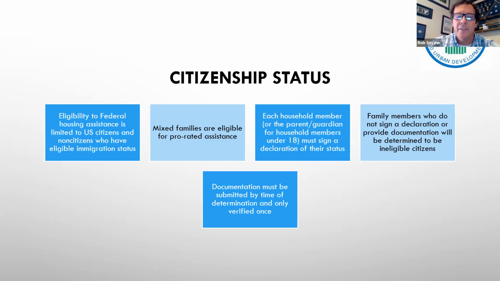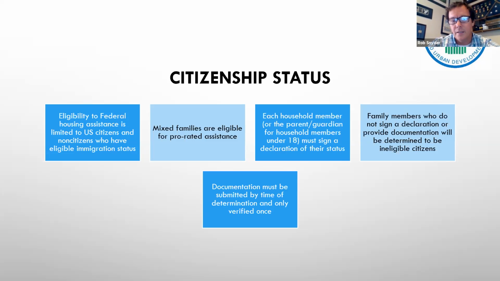They worry about having to provide that information to receive assistance, and mixed families are eligible for prorated assistance. HUD doesn't give that information out to ICE or anybody like that. Specifically, the information is just used for verification and to determine eligibility.